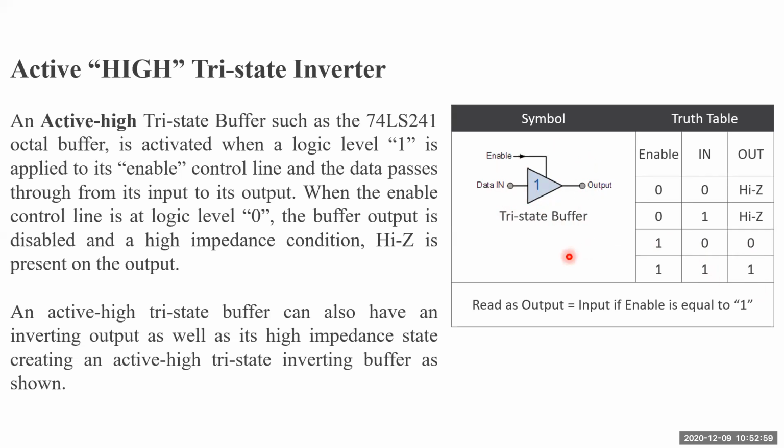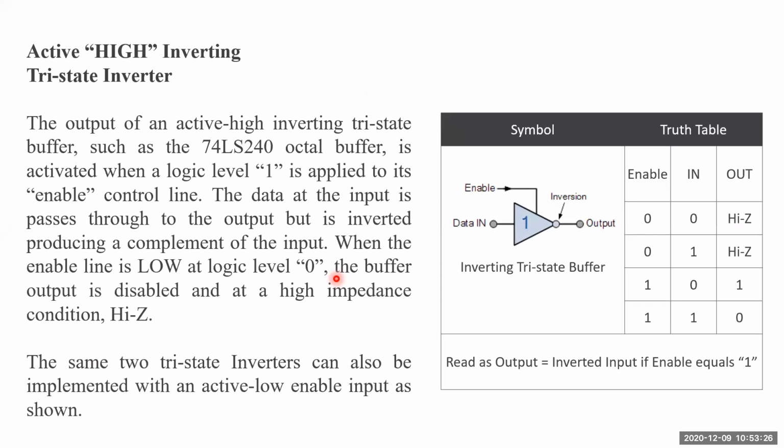Don't think that since it has been named an inverter, it will invert. It will act as a buffer. That's why I have written here tri-state buffer. Buffer means the input you supply will pass the same to the output. That is called a tri-state buffer, or you can even name it a tri-state inverter. This is the operation of the active high state tri-state buffer or inverter.